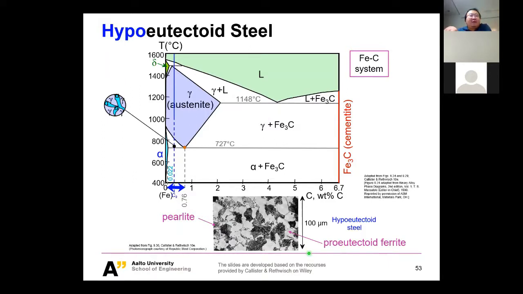And what I'm going to show you now is something a little bit interesting: doing some mathematical calculation, at least, but it's still very, very simple. We already know that in this final hypoeutectoid steel, you would have pearlite and ferrite.